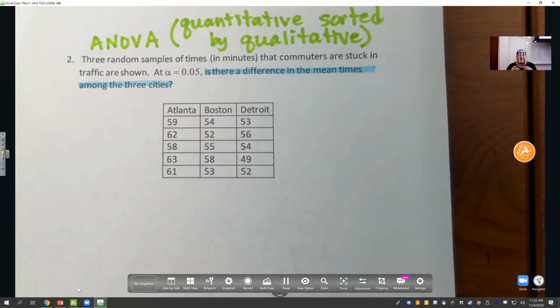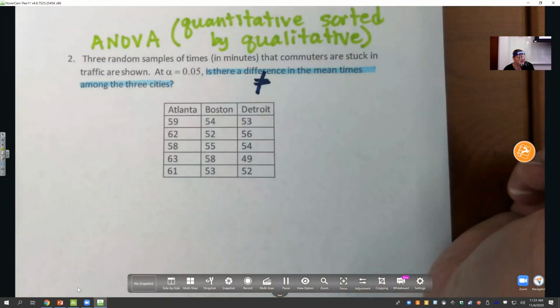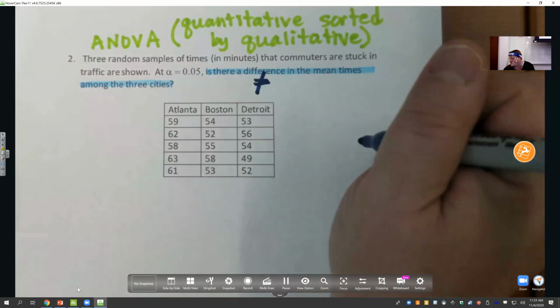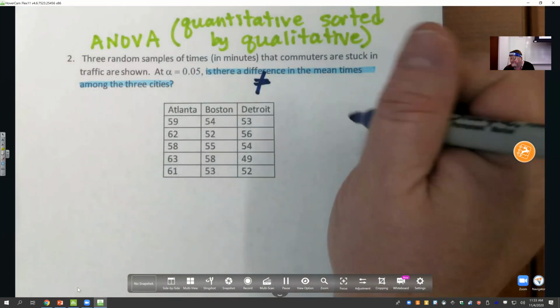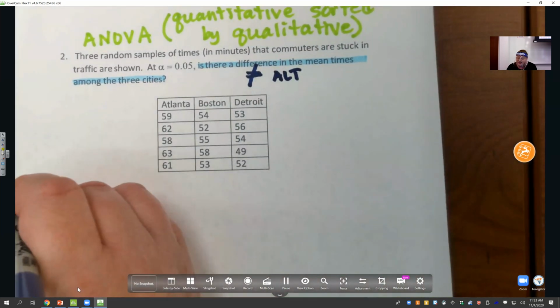Would it mean, say, equal, not equal, less than, greater than? Difference? Okay, it could be less than or greater than. Mathematically, the way we show less than or greater than is that it is not equal. And so if this is not equal, is that going to be the null or the alternative? It is the alternative.